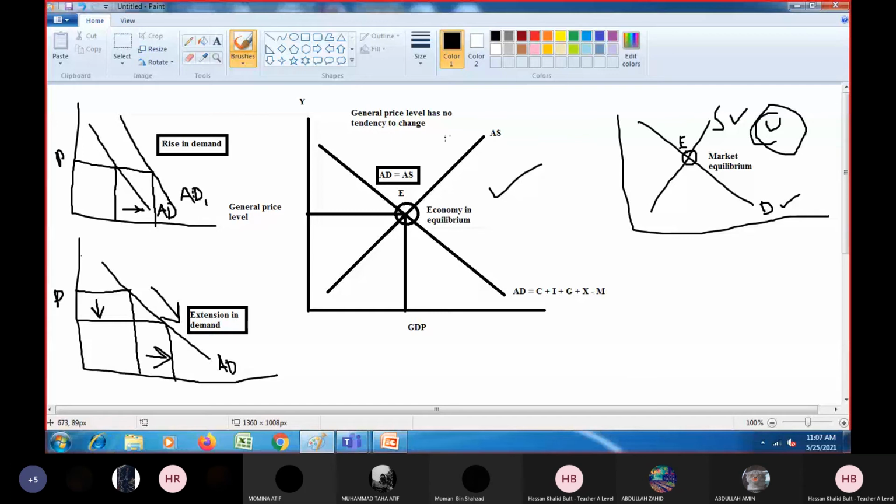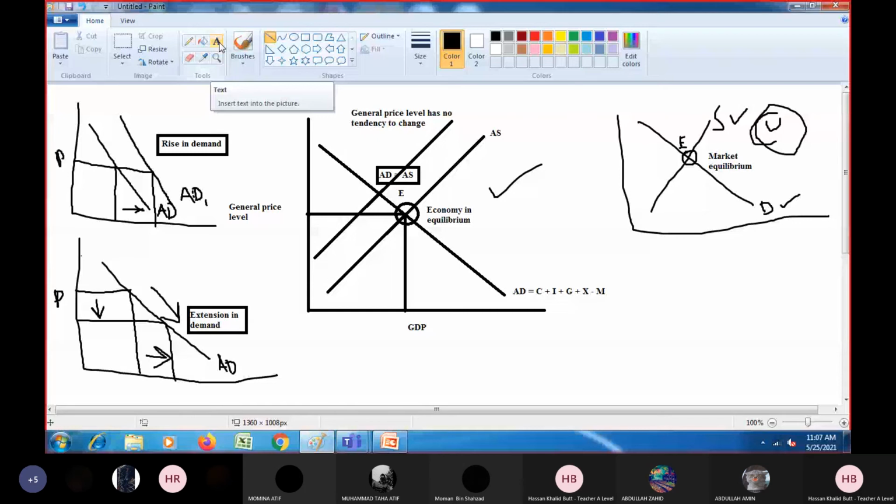Aggregate supply shifts to the left side, and it means producers tend to produce less. This can happen because of any reason. For example, producers now do not have the required amount of resources to produce. Think about the wheat crop, and other crops as well.